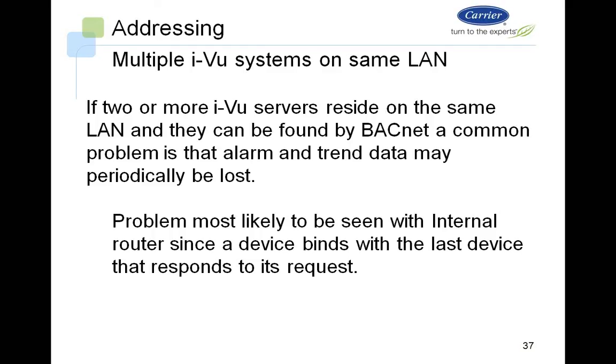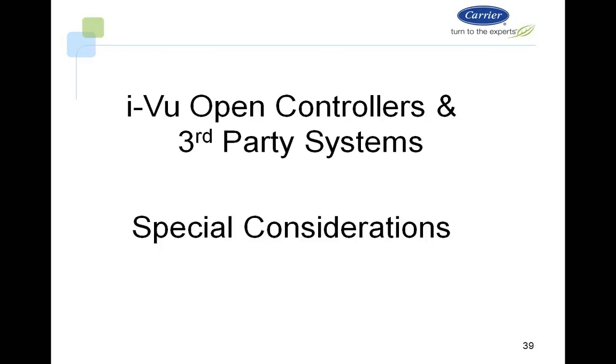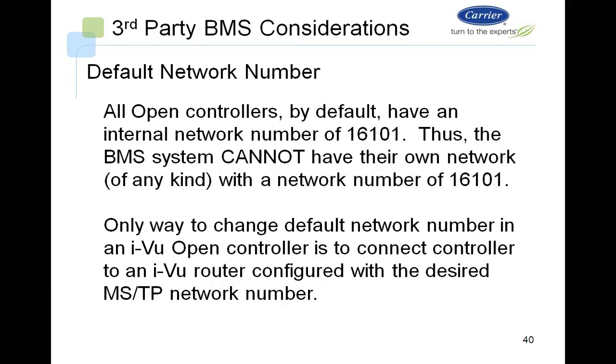Some special considerations when applying open controllers on third-party systems. The default network number: all open controllers, like we said, have a default network number of 16101. Thus, it is imperative that the BMS system that the controllers are installed upon does not have its own network, be it an MSTP network or any other BACnet network, with a network number of 16101.